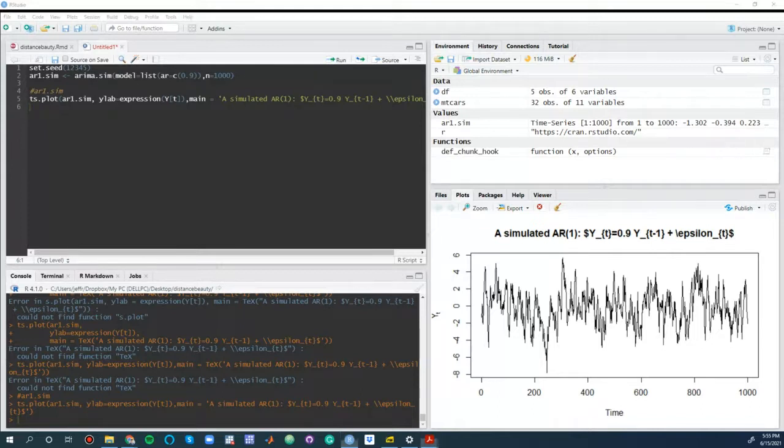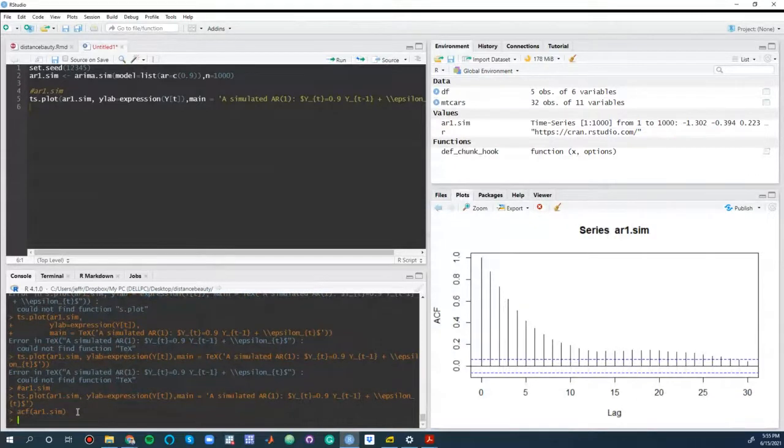So how do you figure out the ACF? It's relatively easy. Basically, you just type acf and your variable's name.